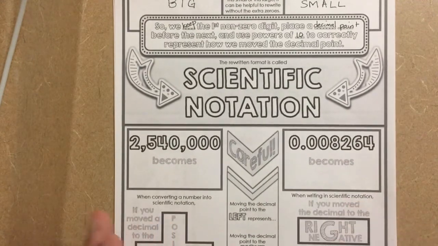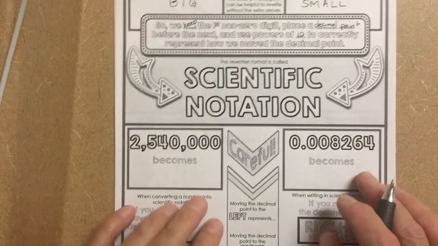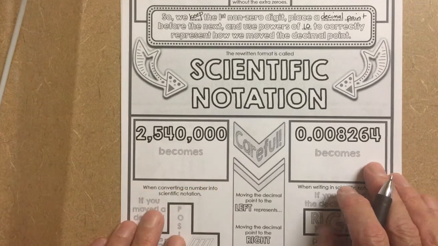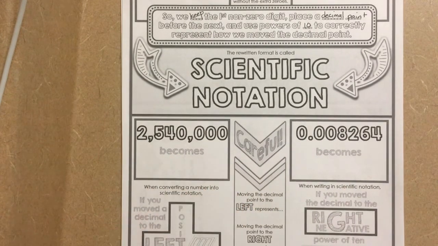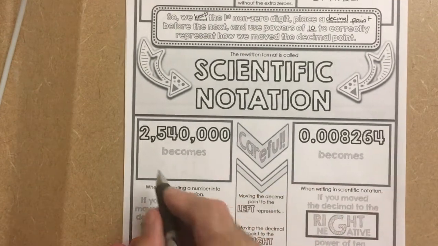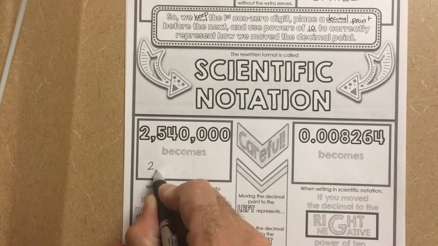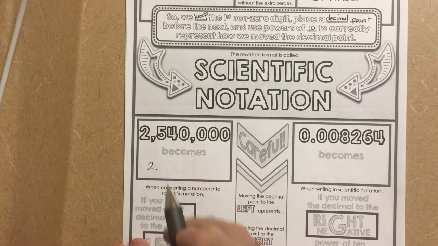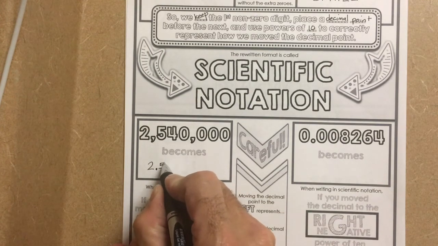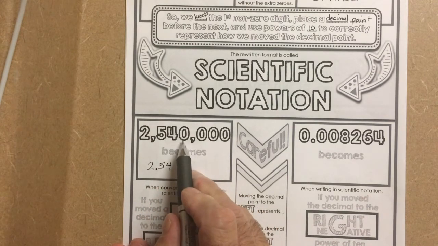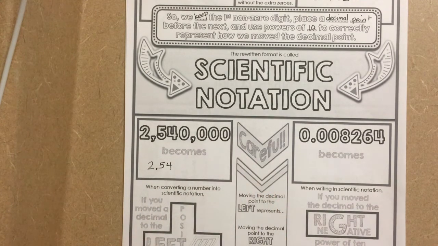So hopefully you have some of this down from before. When we're changing this to scientific notation, we're going to write the first number that is not a zero, which is 2, then place a decimal point, and we're only going to need to write the 5 and the 4. Any zeros at the end can be left off.